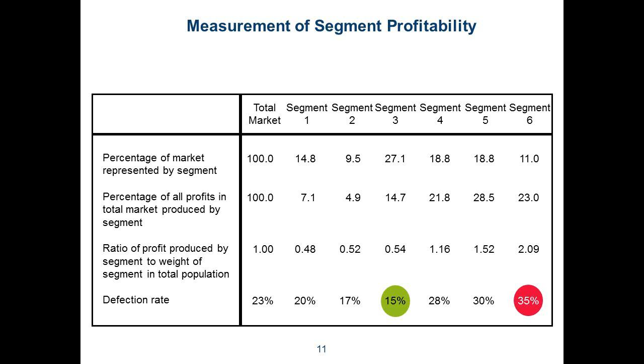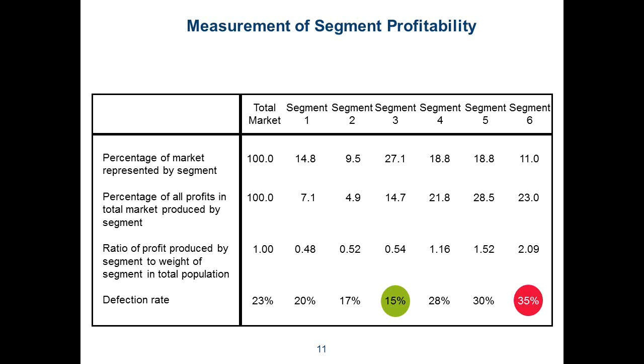And if you look again along the top line, you'll see that the biggest segment, segment 3, accounted for 27.1% of all revenue in the market, but only 14.7% of industry profits. If you look at the very last one, segment 6, you'll see that this little segment accounted for just over 10% of all volume and revenue, but almost a quarter of industry profits.